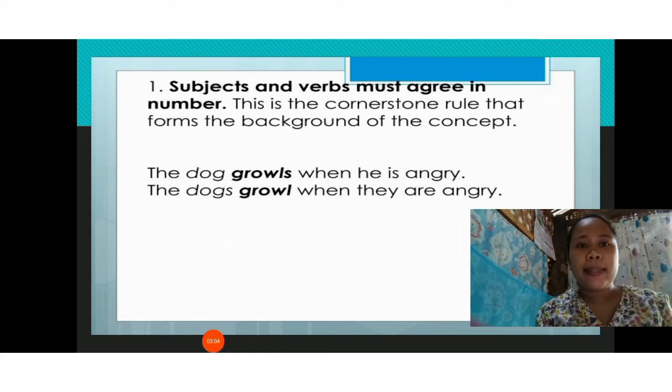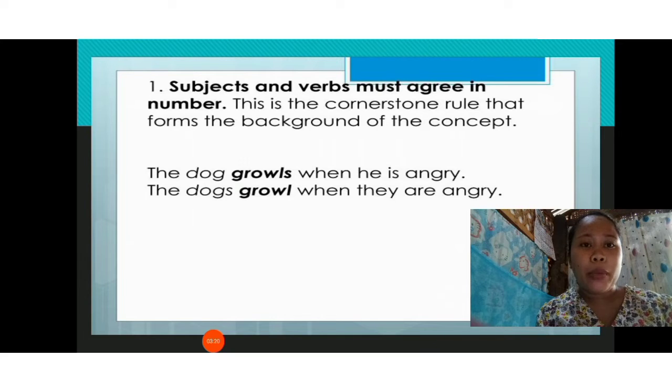For the second sentence, the dogs growl when they are angry. We have the subject the dogs, and this is plural. There is an S. So this means that we are talking about a lot of dogs.